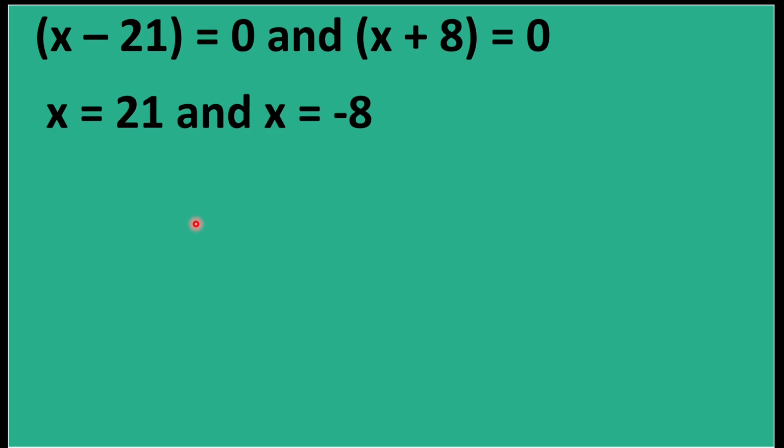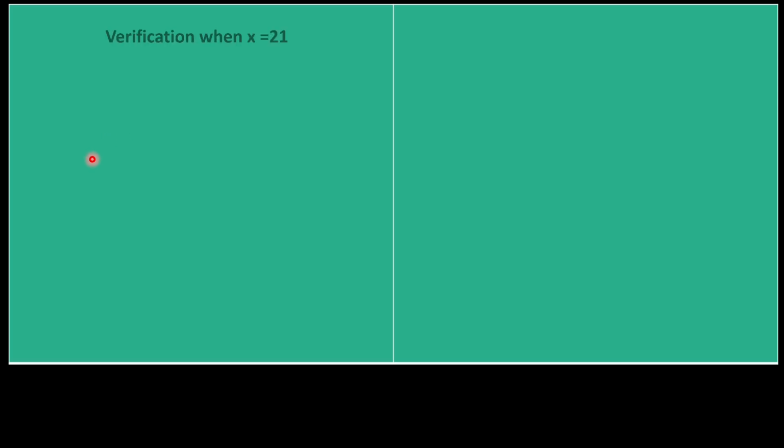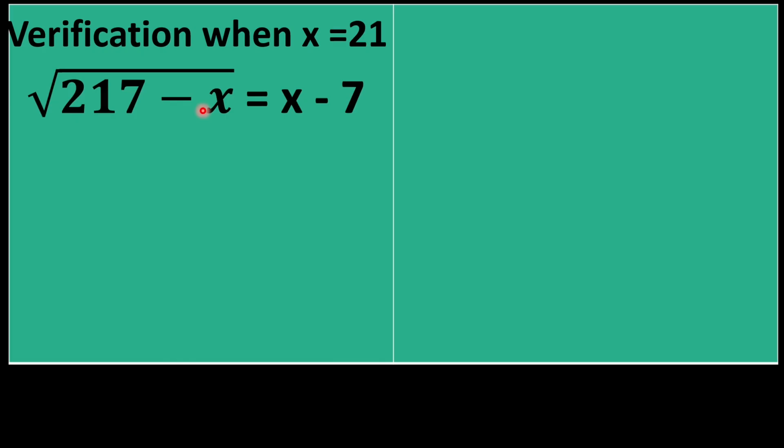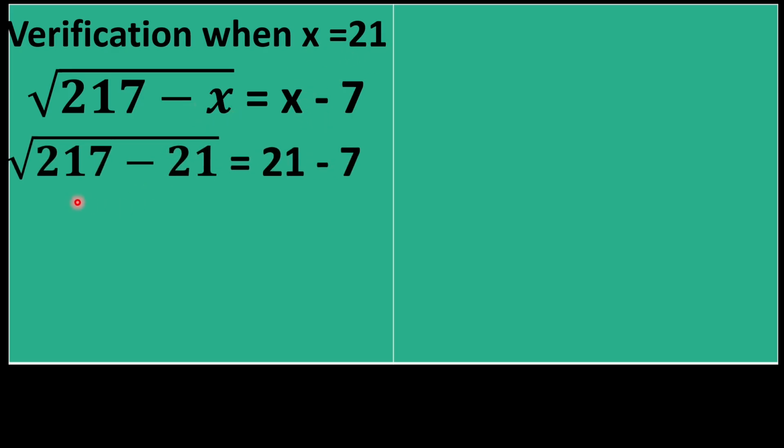But before deciding this, let's try these two solutions and verify. So verification when x equals 21. This was our original question, square root of 217 minus x equals x minus 7. So we will put x equals 21 in this equation. So square root of 217 minus 21 equals 21 minus 7.